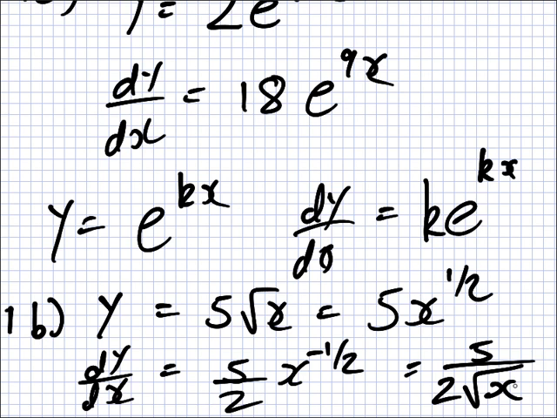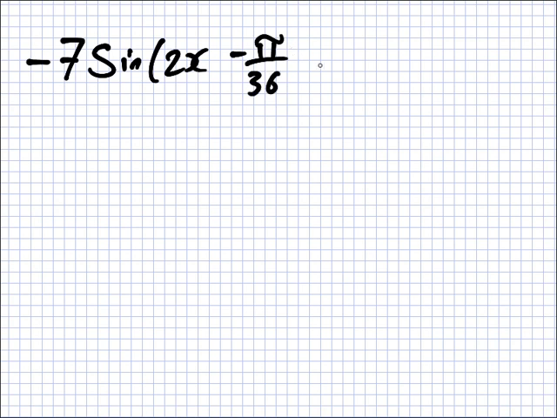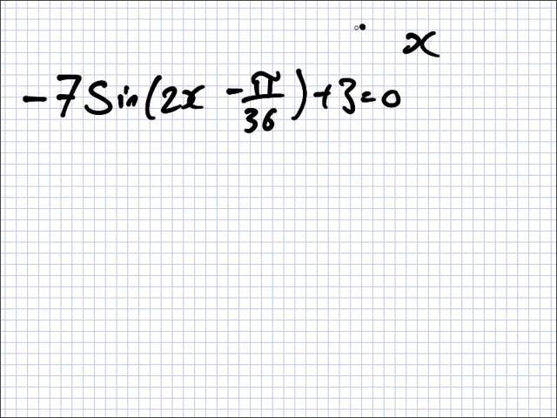Right, page 64. Are we ready to look at this one? Yes? Okay, 64. So 2f: minus 7 sine (2x minus pi over 36). We're using radians. And can you see, I say x is between 0 and 2 pi.